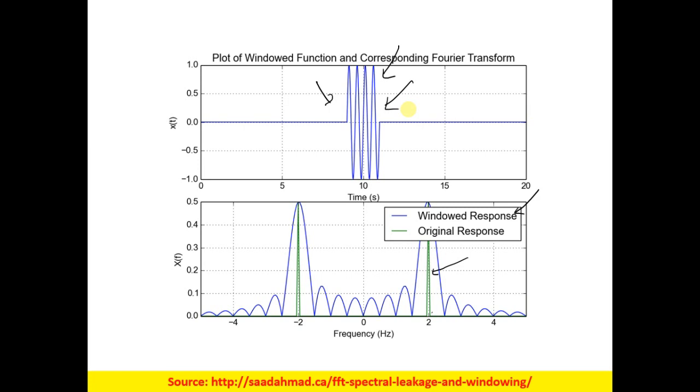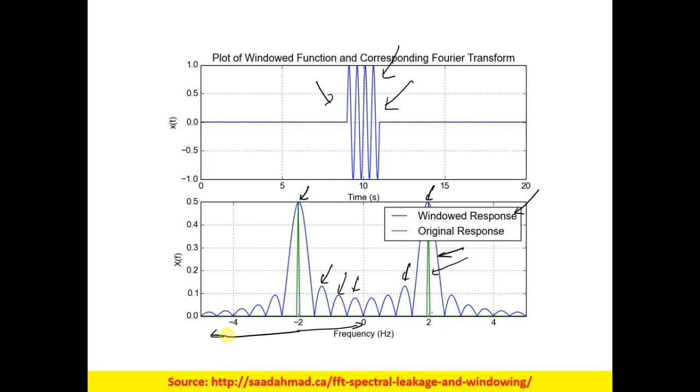Okay, and when we are doing the windowing, what happens is that we get, apart from this spectral component, the peak, whatever we get over here, so this is the original peak, and apart from that, we are also getting the spectrum which is being distributed across the frequency components. So this is called the spectral leakage.